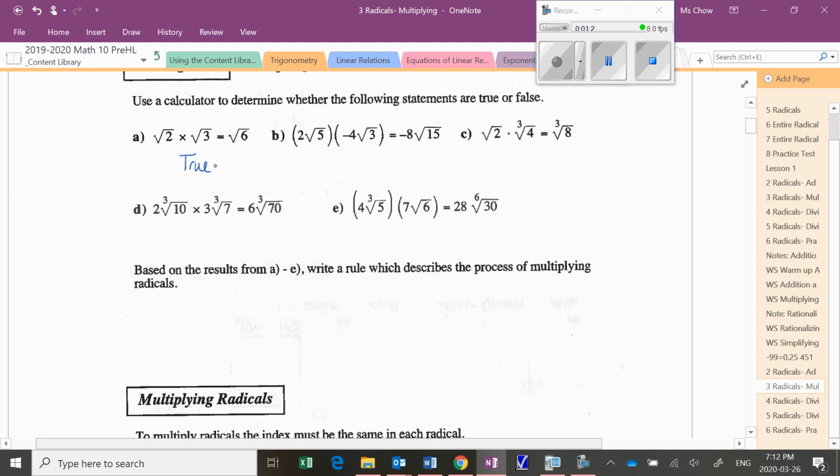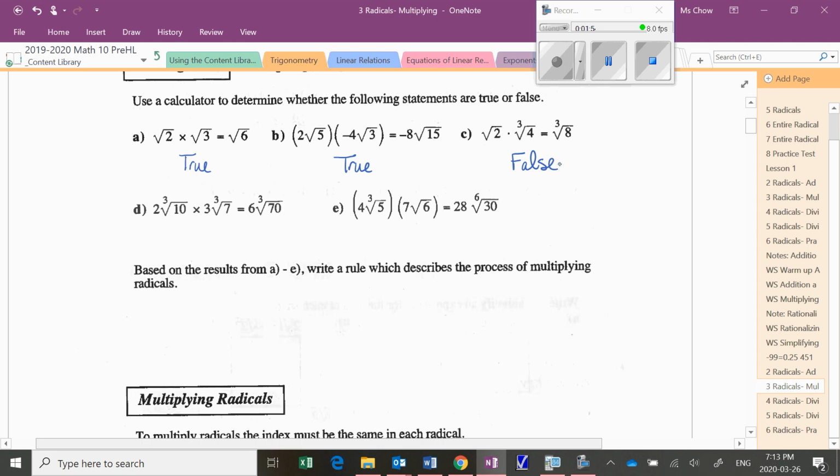And just hit pause, and we'll come back and discuss what your conclusions are and what you think the rule might be. So for b, 2 root 5 times negative 4 root 3 is in fact true, that it is equal to negative 8 root 15. Root 2 times the cube root of 4 is not the cube root of 8.